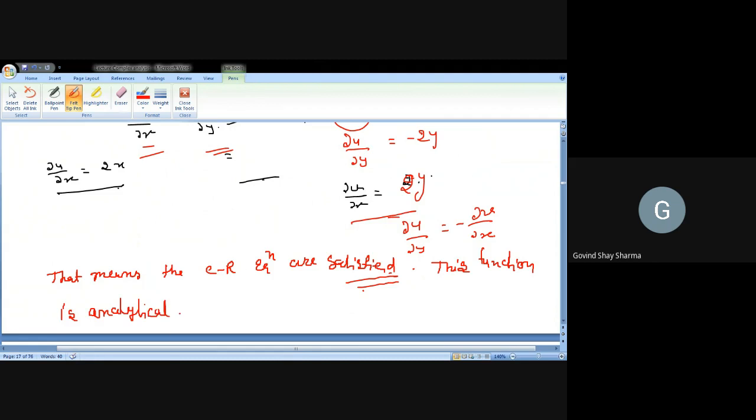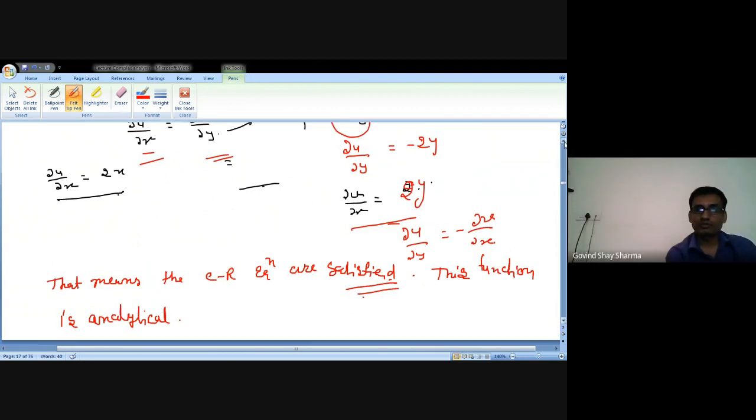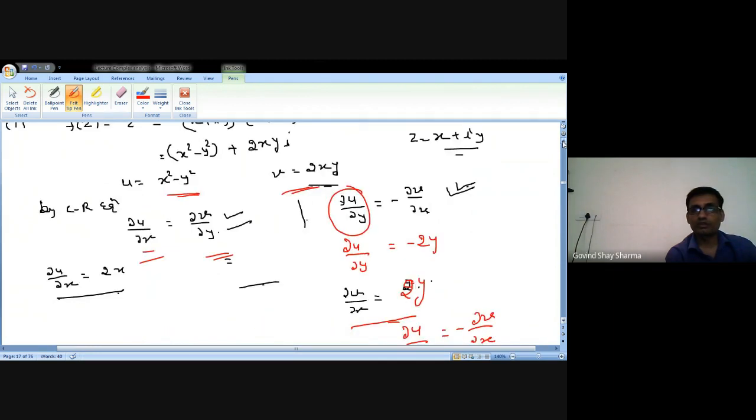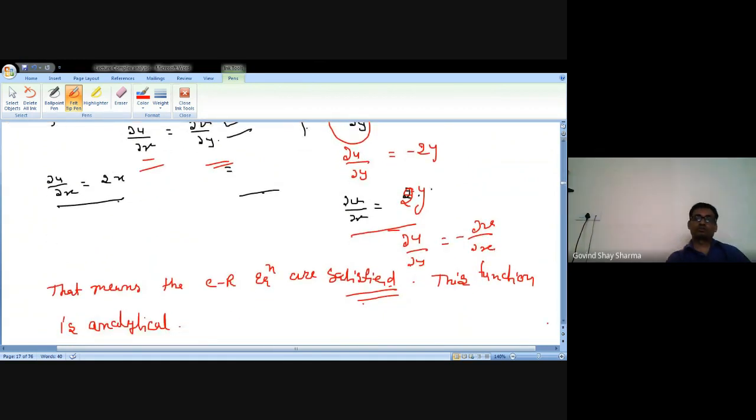So students, today in this lecture we covered some important concepts like limit, continuity, differentiability, and analytical function.